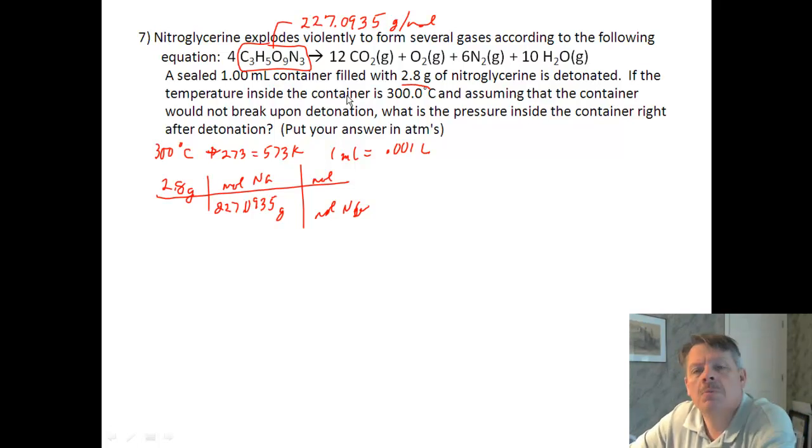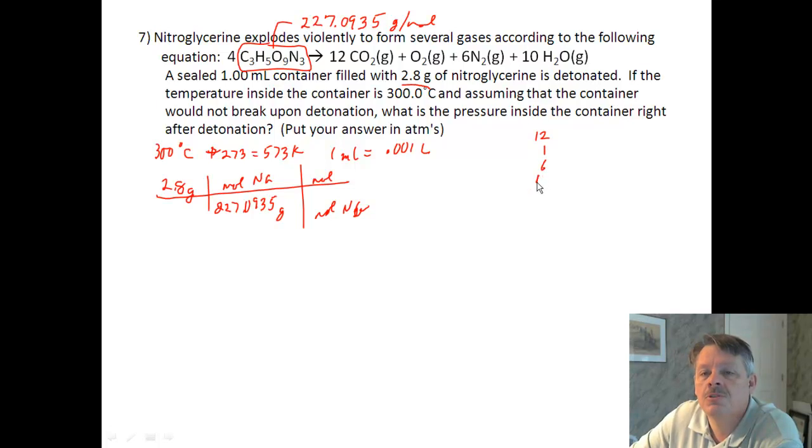Well, remember Dalton's law? Dalton's law says all of the gases together are all treated exactly the same way. So we have 12 moles of carbon dioxide, 1 mole of oxygen, 6 moles of nitrogen, 10 moles of water. If I add all those up, I get a total of 29 moles of gas.